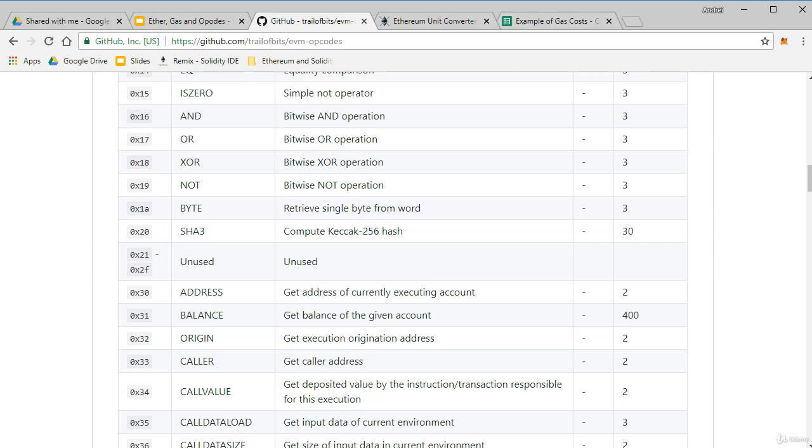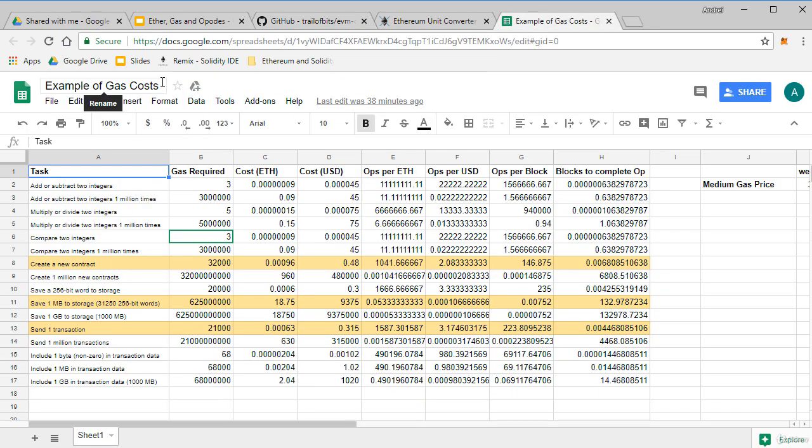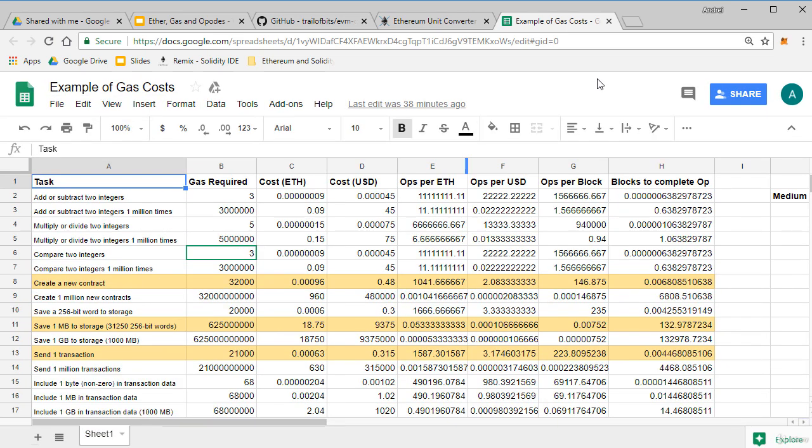I have a very interesting spreadsheet with examples of gas costs. You can find this document on the GitHub repository that is available for this course. For example, to deploy a new smart contract costs 32,000 gas. To save 1 million new contracts costs this very big value.